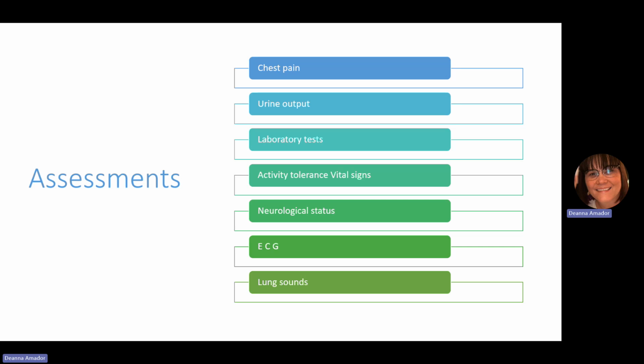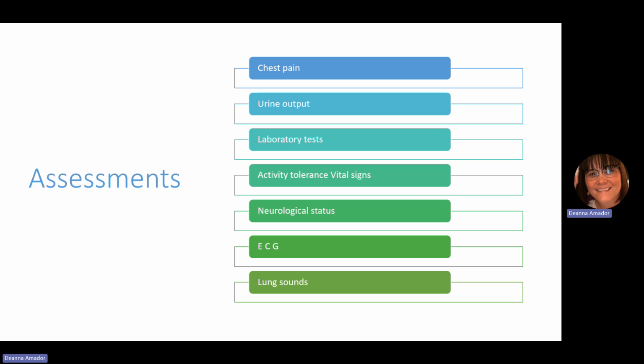They will be checking what's called a BNP, which is a brain natriuretic peptide. So B-N-P is what I try to say. Your heart actually releases this protein, or this peptide, when the ventricle becomes overstretched.